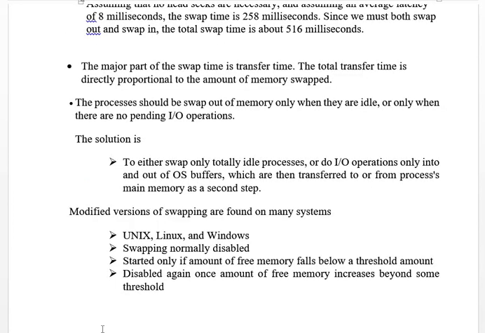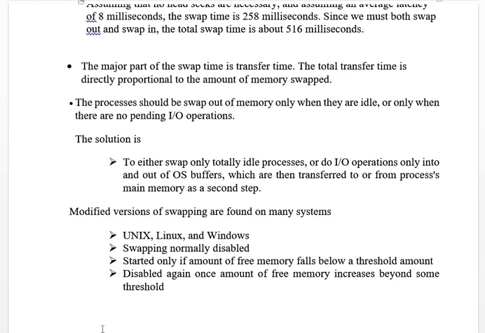So one thing you should remember here, the process should be swapped out of the memory only when it is sitting idle and when there are no pending input and output operations. Now consider that a process might be waiting for an input and output operation when we decide to swap that process in order to free up the memory.